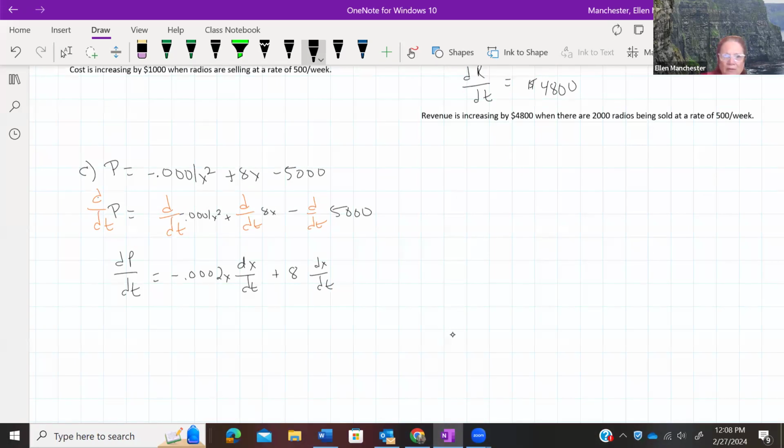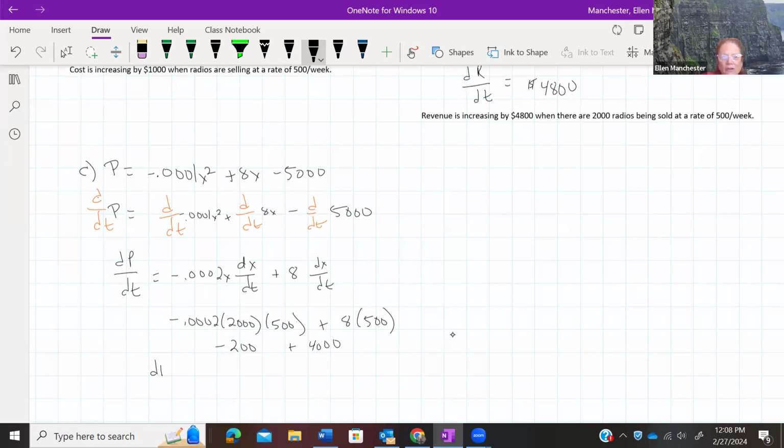Okay, so now I'm going to put my values in. X was 2,000. Dx dt was 500, plus 8 times 500. So we have a negative 200 here when I multiply all that out, plus 4,000.